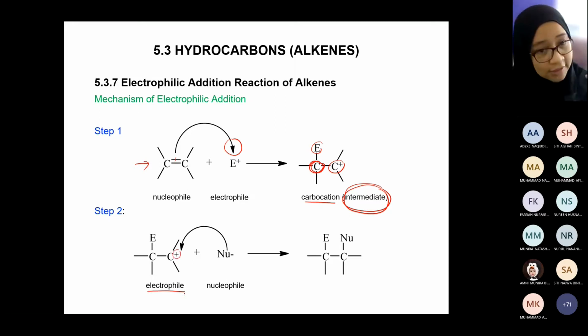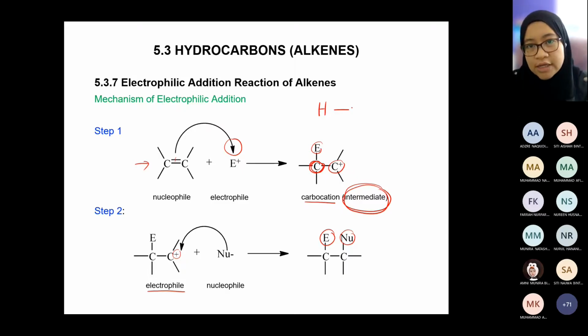Carbocation is an electrophile, sebab poor in electron kan. So the nucleophile will attack the carbocation and add itself to the carbon. So kita akan ada E, the electrophile, and the nucleophile in this molecule. Just for your information, so hydrohalogenation kan just now.